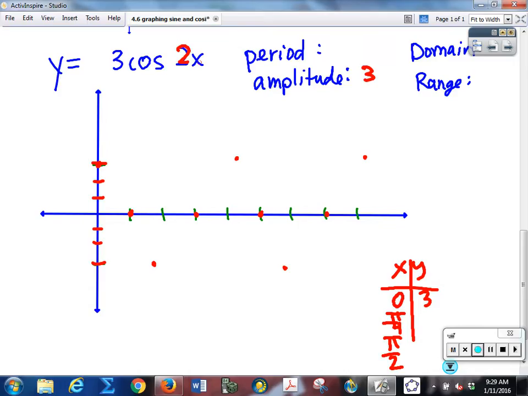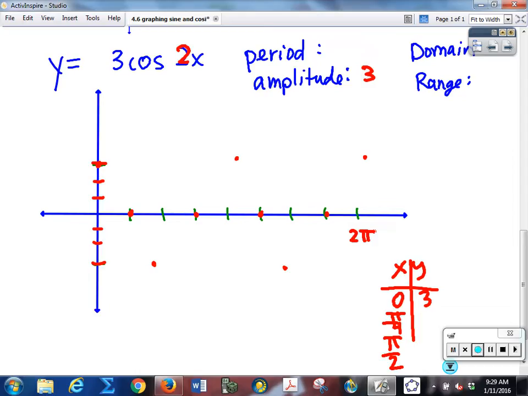So the period is actually going to be half as long, because it goes twice as fast. So by the time I get to 2 pi, it's going to do 2 cycles. This is how much faster it's going.